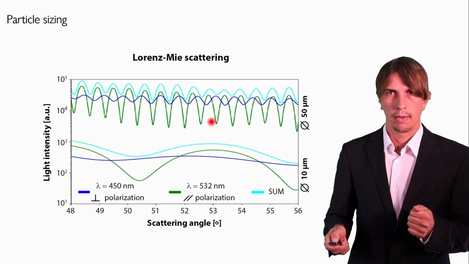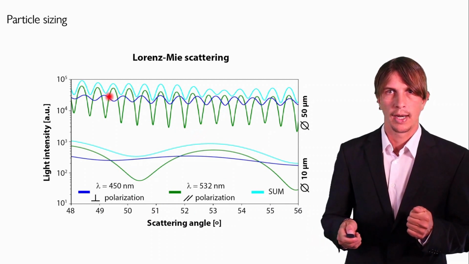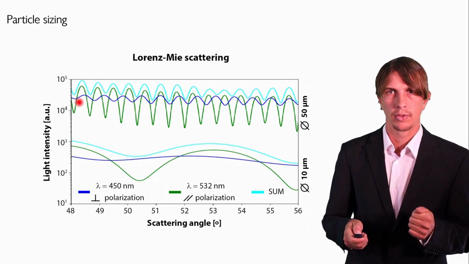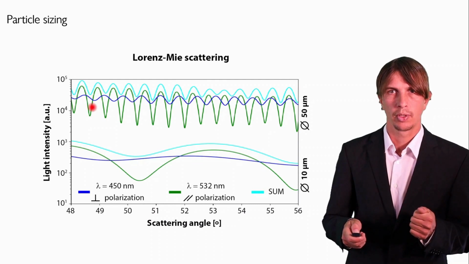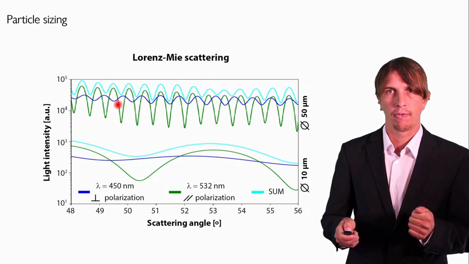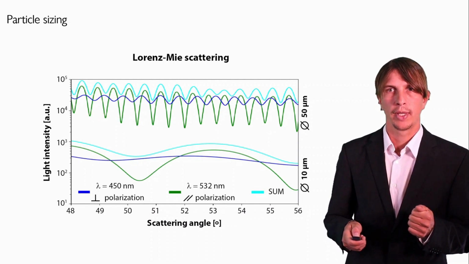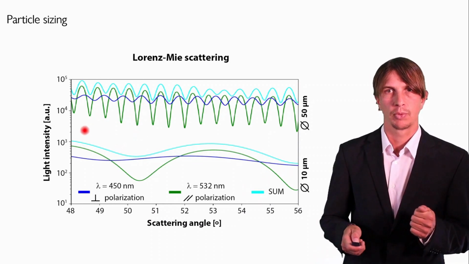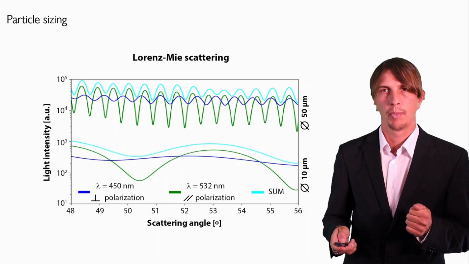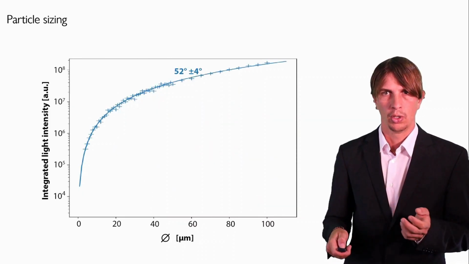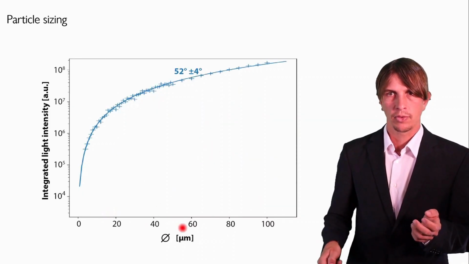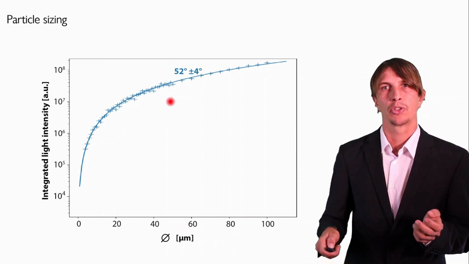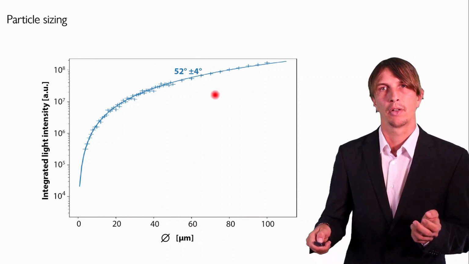Here we have our two laser illuminations, the blue one at 450 nanometers and the green one at 532, and we average with this light blue. In this case, we just put a sum of them. By doing so, on all diameters, we can have this calibration curve at this angle of detection.